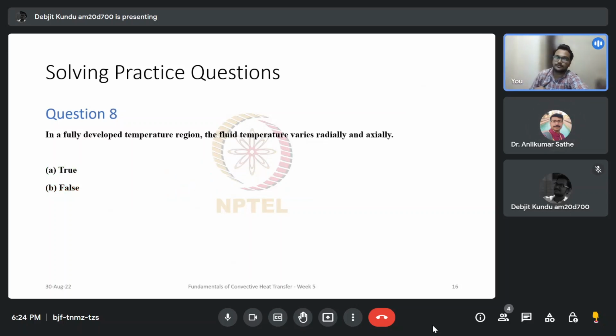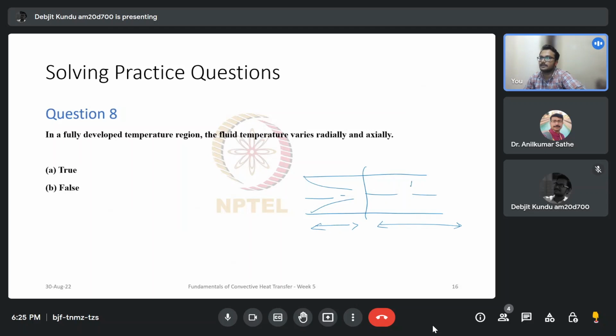Moving on to question number 8 of today's session. In a fully developed temperature region, the fluid temperature varies radially and axially. Is it true or false? For flow like this, there is some developing region initially, and then there is a developed region.